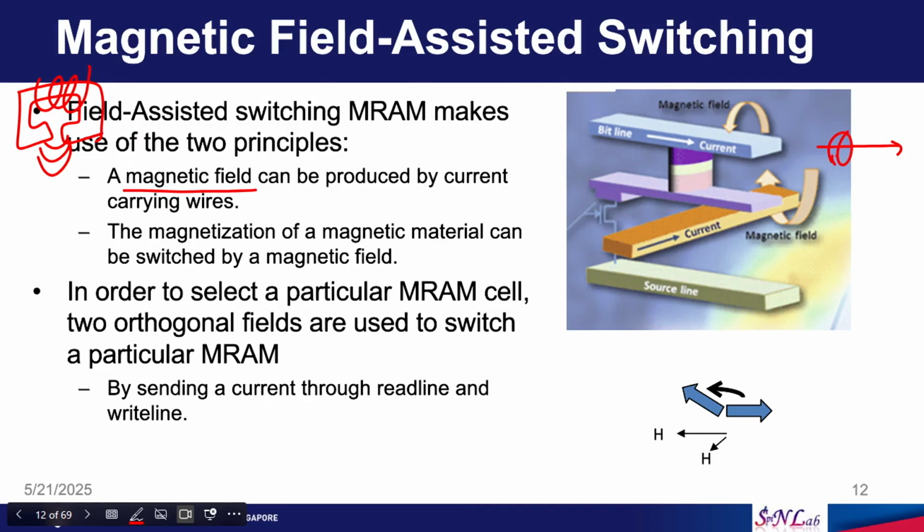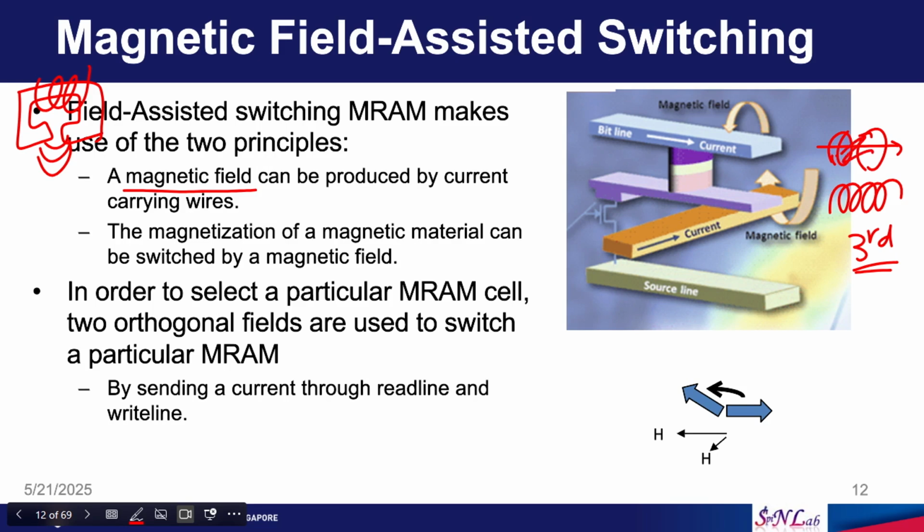The second one was a solenoid, the third one was a solenoid with a ferromagnetic core. The third one is the one we use for magnetic recording. But for this field assisted MRAM, we are going to rely on the first method.